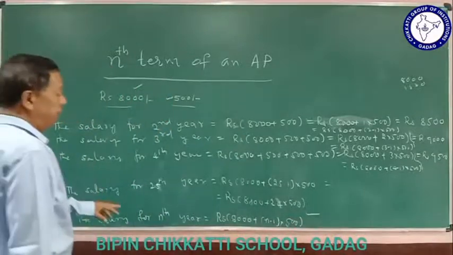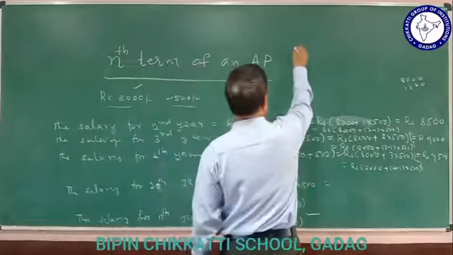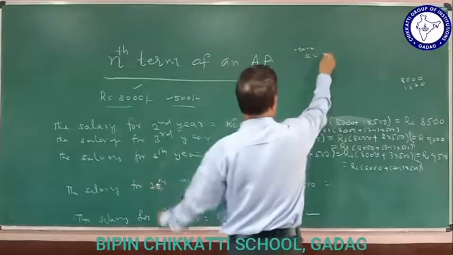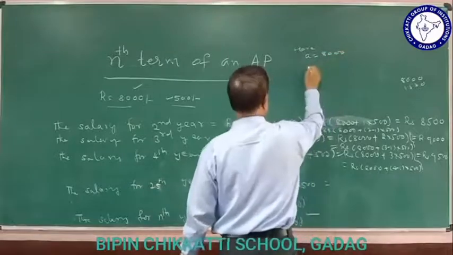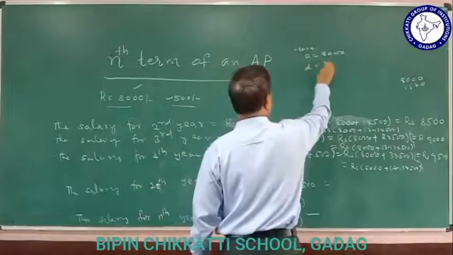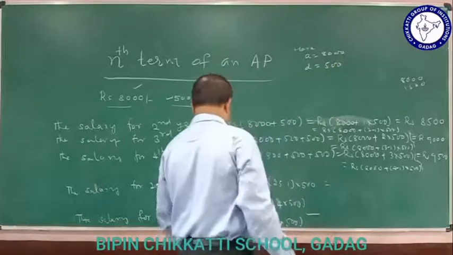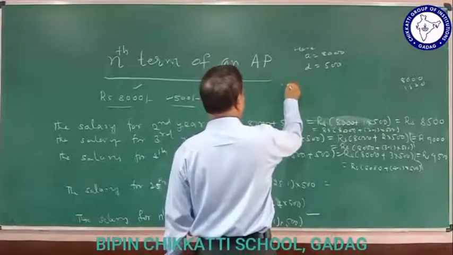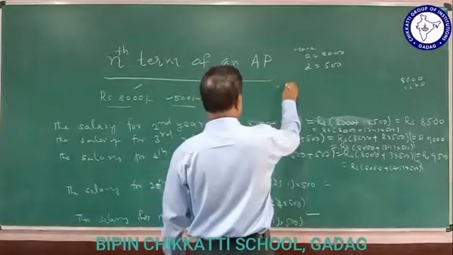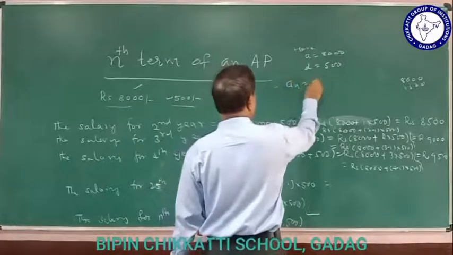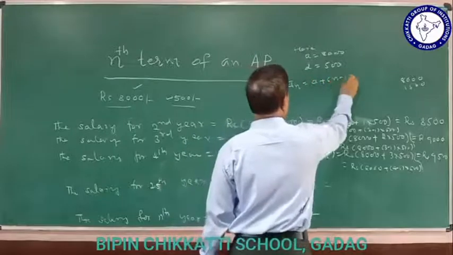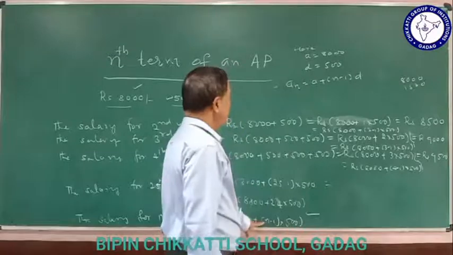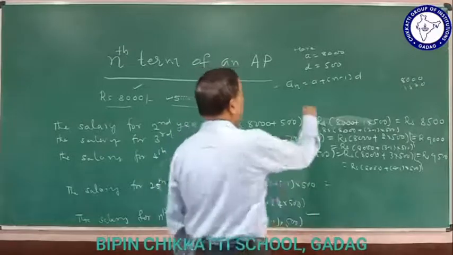And here you have to say that the first term is the salary for the first year, 8000, and the common difference D is 500. The formula for the nth term is equal to A plus n minus 1 into D. Here A is 8000, n minus 1 into D. So this is the formula, you got it.